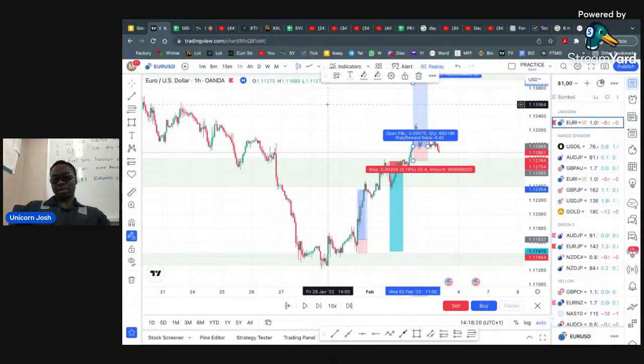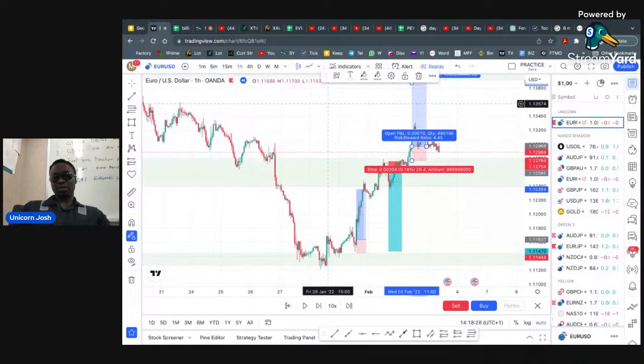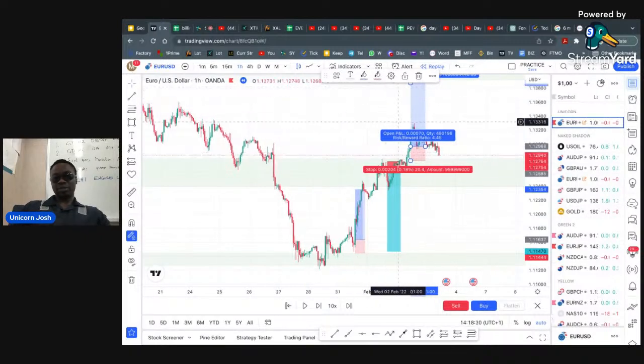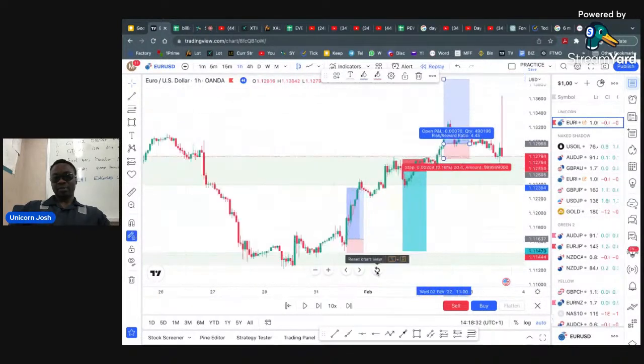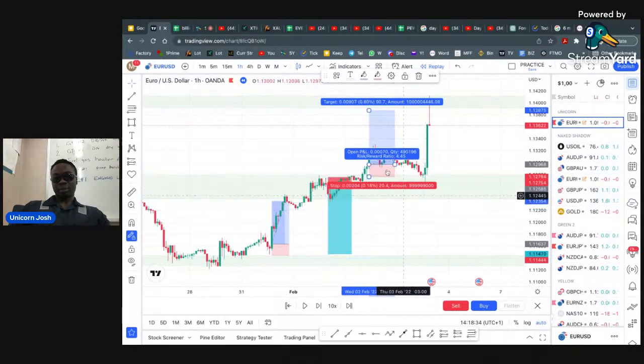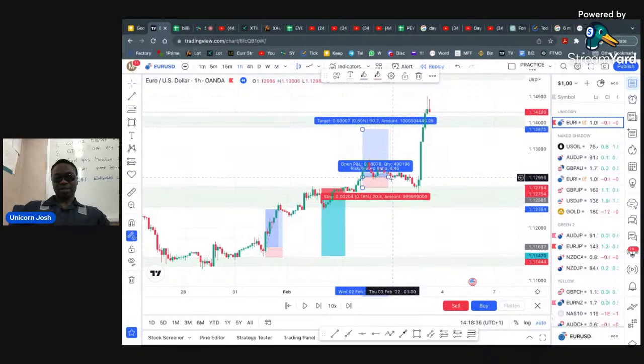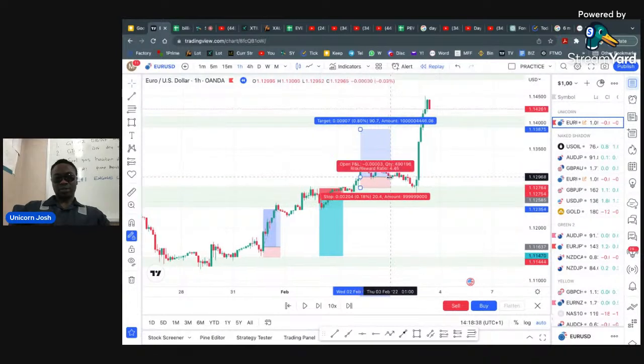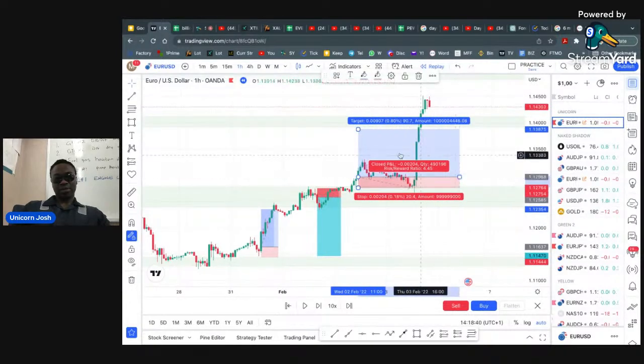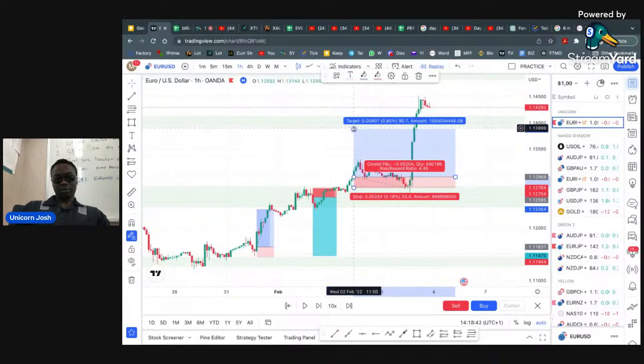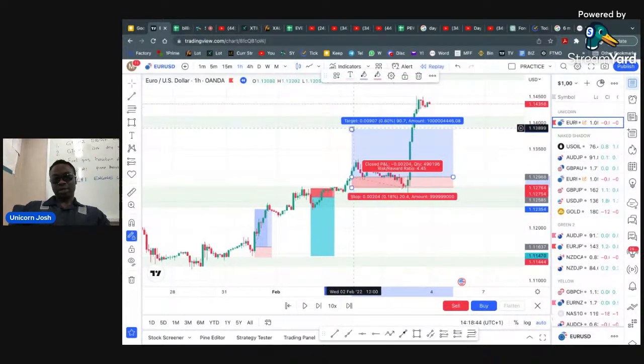Most likely I will be very safe with my next zone. You guys know I like to have a 1 to 2 risk reward ratio for my first entry. I love that already. So most likely I wouldn't go this high. Okay, good. So this was another L.